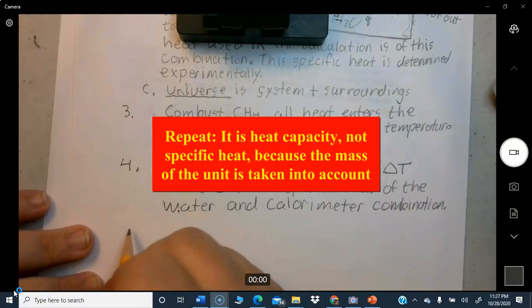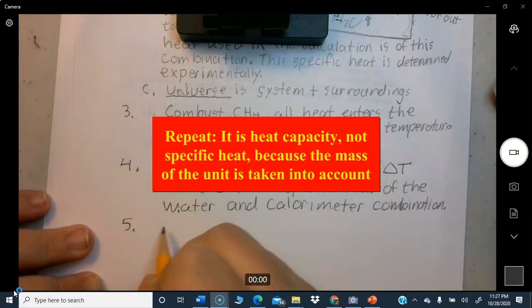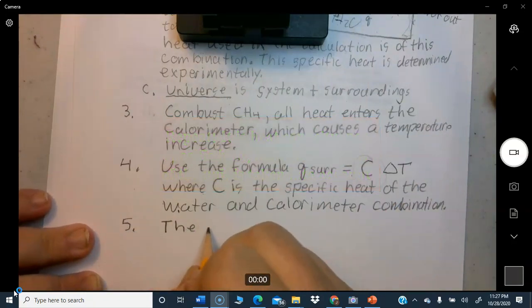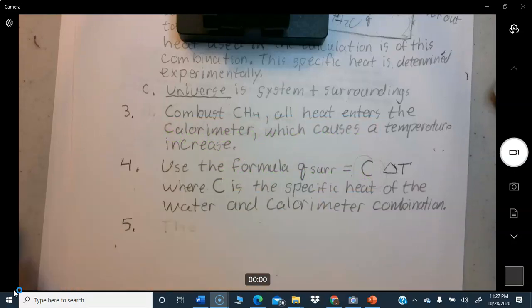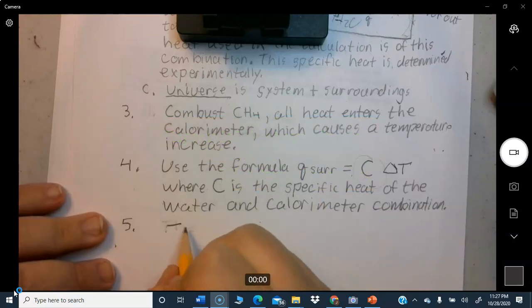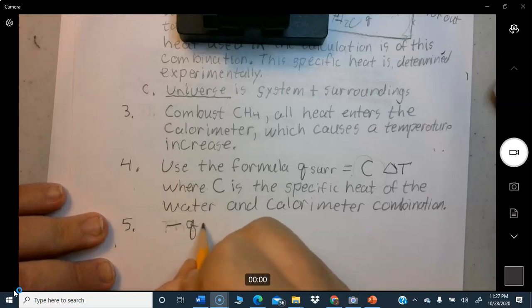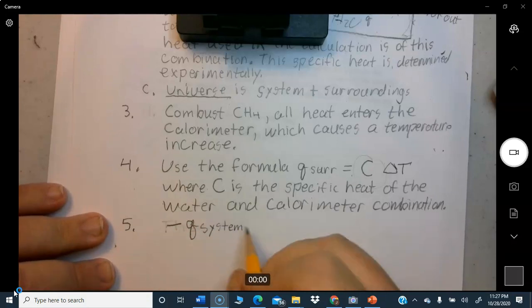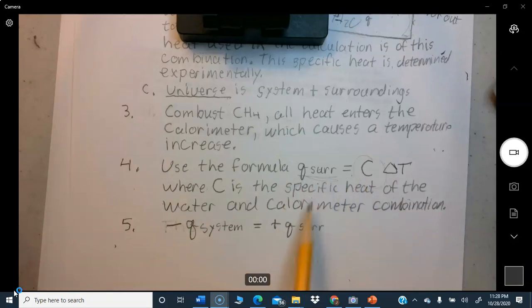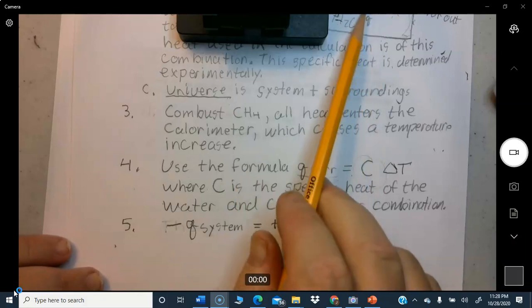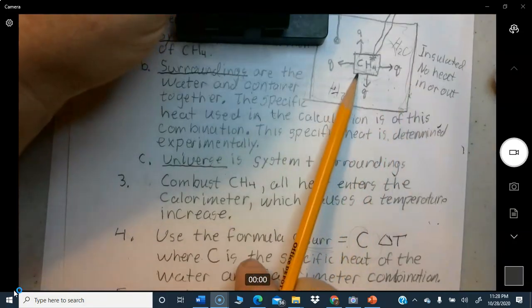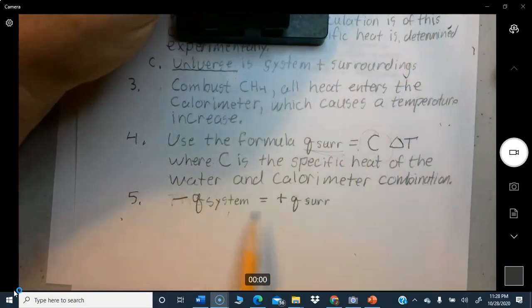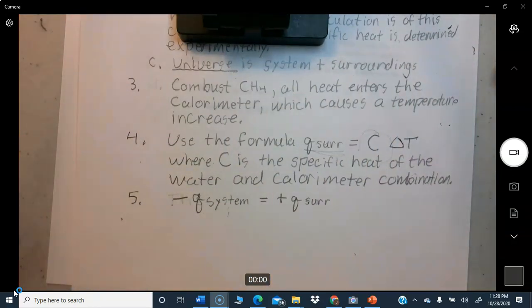All right, so we continue. Let's just write this. We've written this before. Negative Q of system. So if we calculated the Q of surroundings, we know that the Q coming out of the system, out of the CH4 up there, is going to be just the negative of that number, whatever that number is.